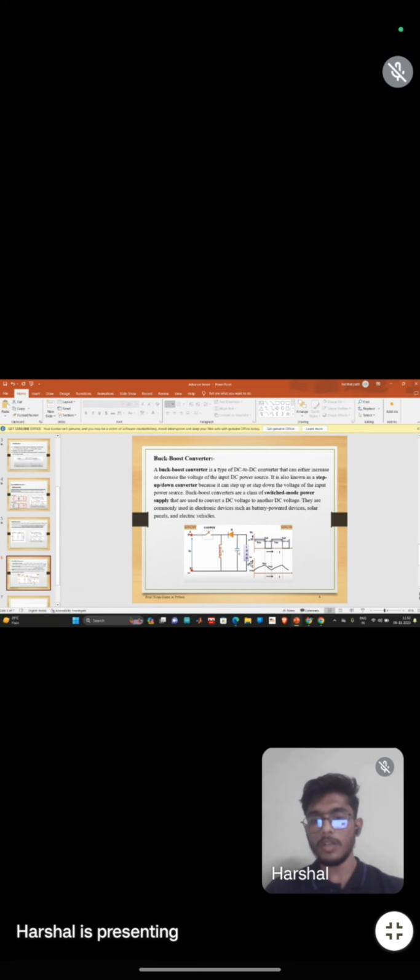At that time we can get a step down voltage across the load. This is how the buck boost converter works. DC-DC converters are used in electric vehicles and some electronic components where low voltage is required and where high voltage is required. Thank you.